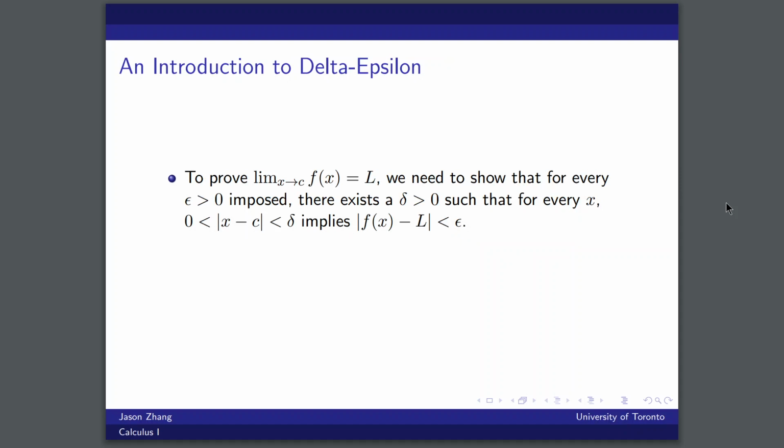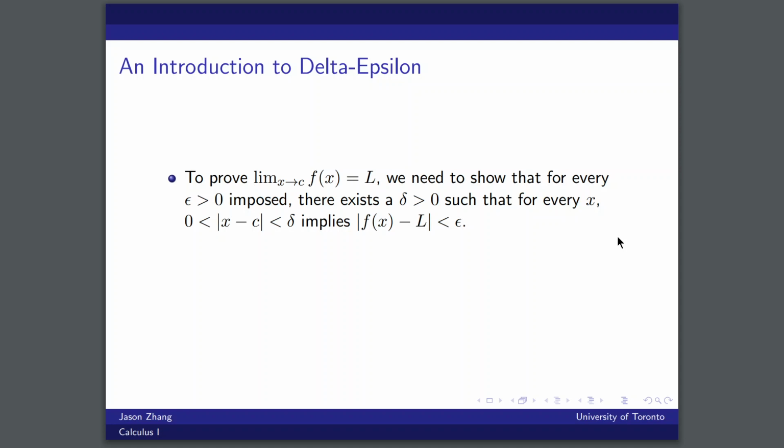So just to refresh ourselves on the delta epsilon style of proof for a limit, if we want to prove that the limit as x approaches c of f of x is equal to L, we need to show that for every epsilon greater than 0 that is imposed, there exists a delta greater than 0 such that for every x, this inequality holds, which basically says that we can define a neighborhood around the value c, which defines a set of x's, which implies that in this neighborhood, the absolute value of our function evaluated at any x in this neighborhood minus L should be less than the epsilon imposed.